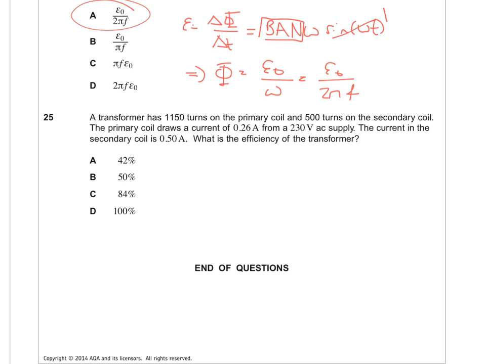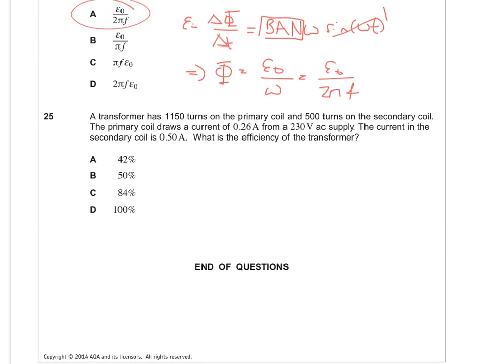So, first of all, let's work out what the potential difference is on the other side. So it's stepping down, so it's 1150 divided by 500, which is equal to 2.3. So it steps it down by a factor of 2.3.